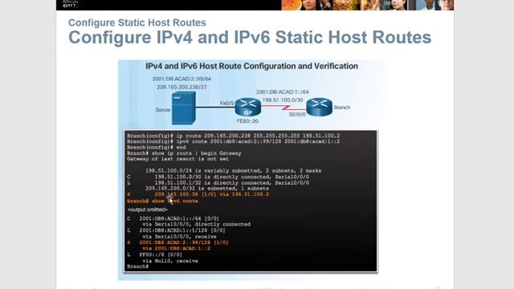So you can see how that shows up in your routing table down here. You've got your static route that we created, okay, and how you get there. And down here you have the same thing, static route we created and how you get there. Okay, so that's configuring a host route.